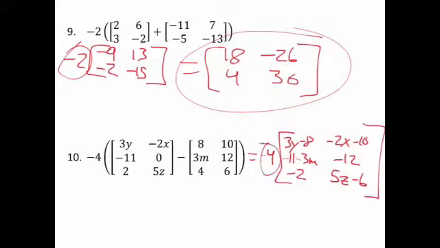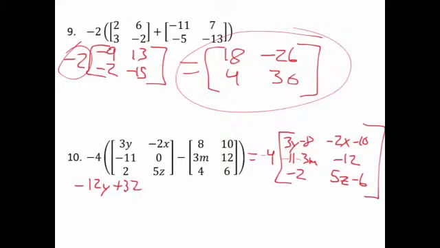And now I can take this -4 and times by everything that's inside there. And when you have it in a situation like this, it's like double distribution. You have to do like -4 times 3y minus 8 in parentheses, so like that. So that's what I mean by double distribution. So -4 times 3y is going to give me -12y, and then -4 times the -8 is going to give me +32.